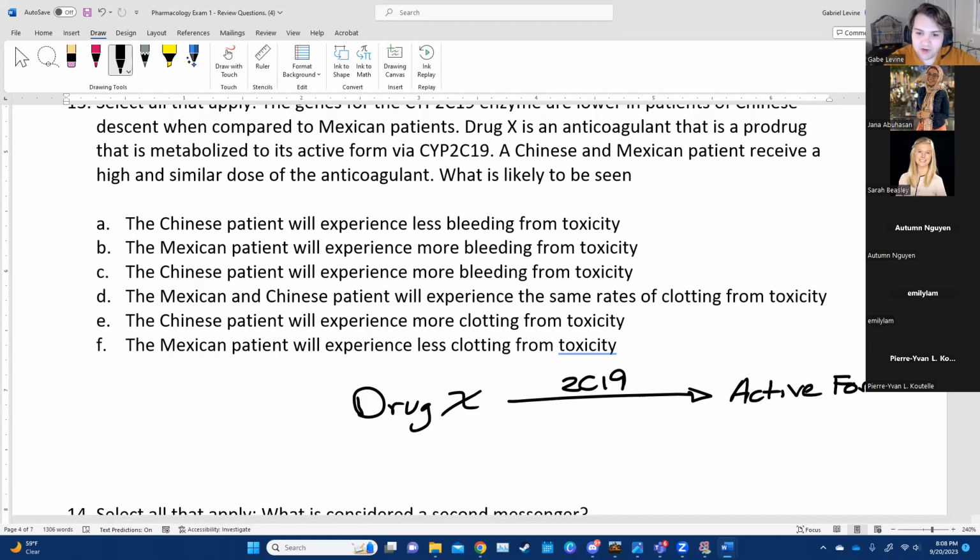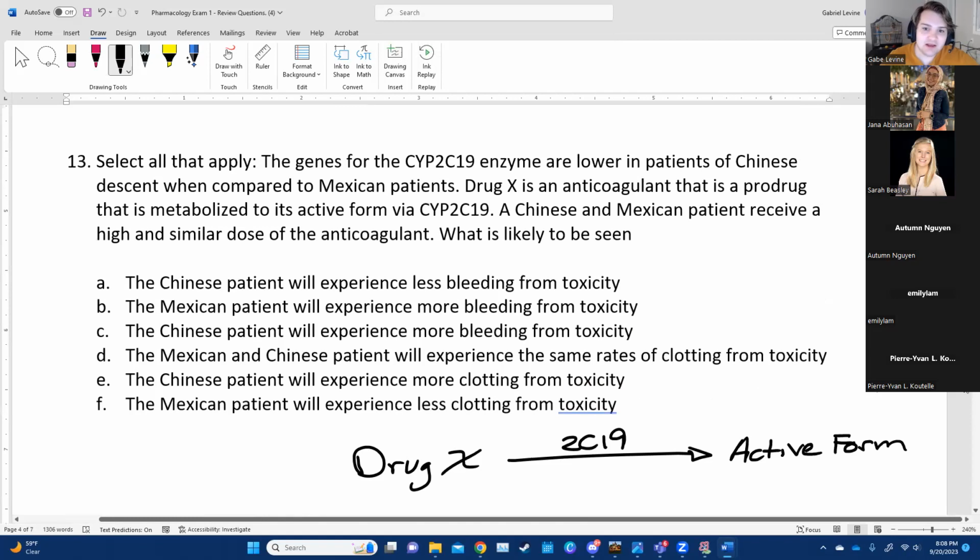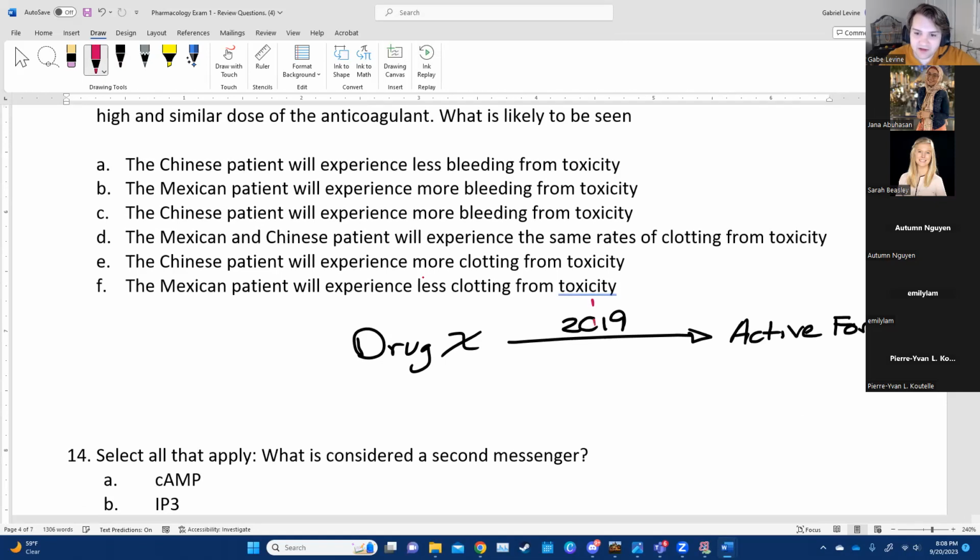And so when we look at this question, a Chinese patient would have less 2C19. So let's compare the effects of what's going on on both sides.